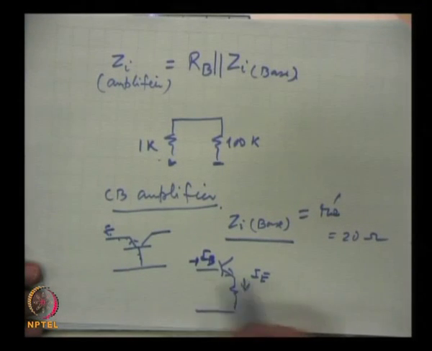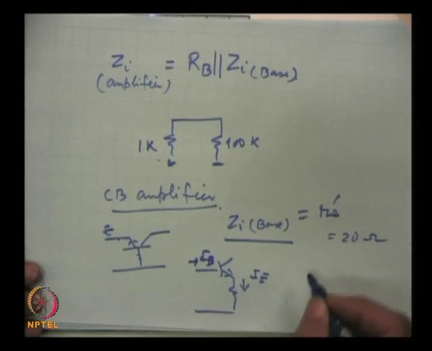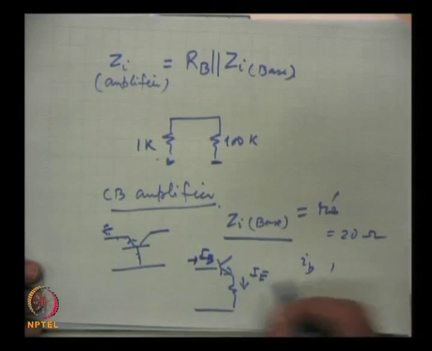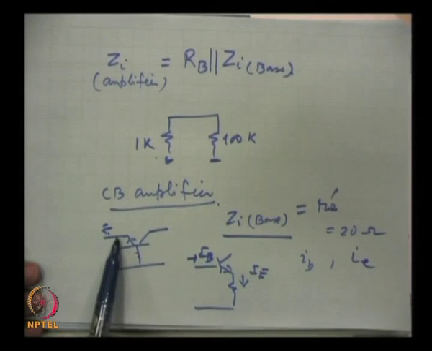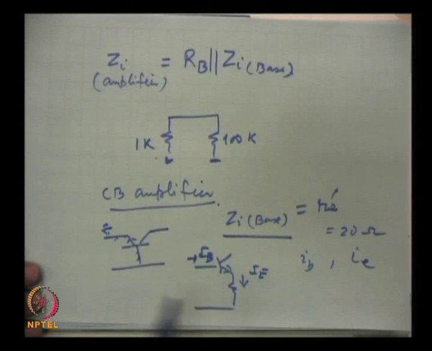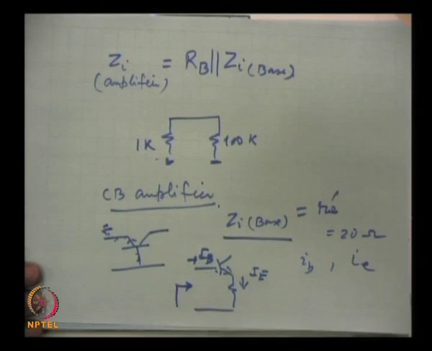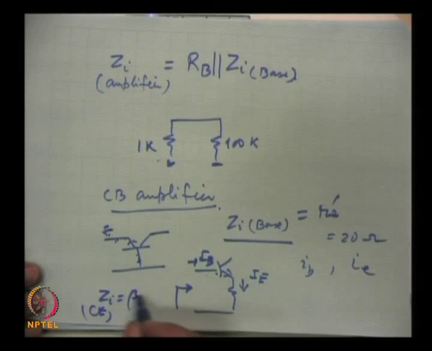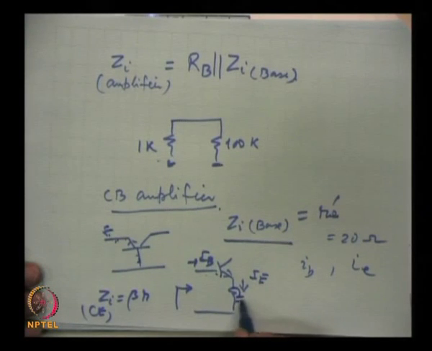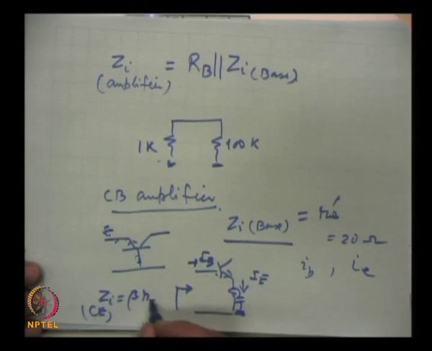If we take AC values, even then it is simply I B and the emitter current is I E. Same junction, here emitter base, here also we are using the same junction, but the impedance as seen here becomes, instead of R E, this becomes Z I, in the case of C E becomes beta times, suppose we are using the same way swamped, or it is not connected, R E prime beta times.